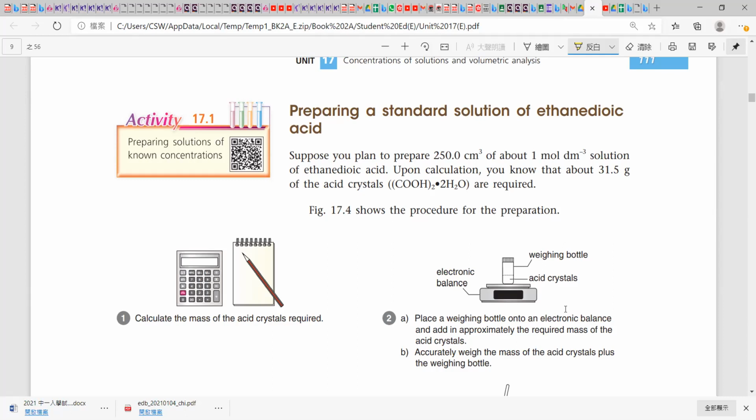While the second one, you are going to prepare standard solution by dilution. You'll be given a solution, and you are going to dilute it to the times according to the instructions. Can you get the point? 但係呢度有兩隻嘅。So I would like to show you the video now.